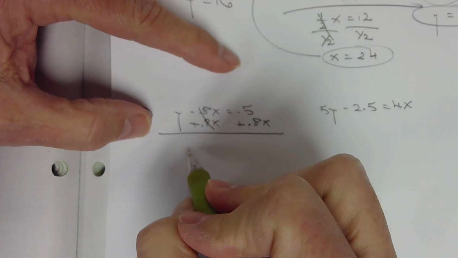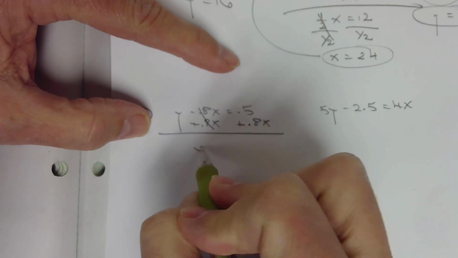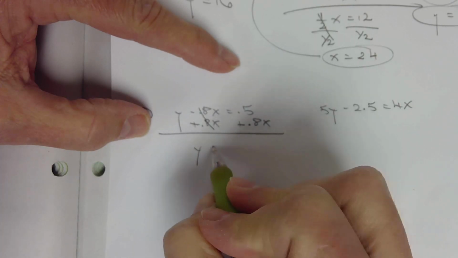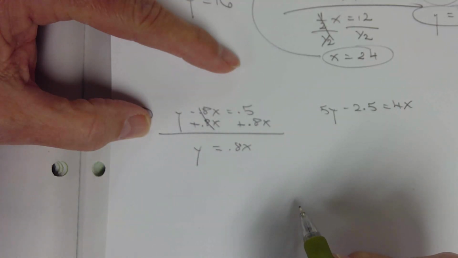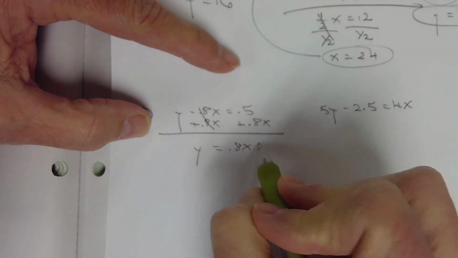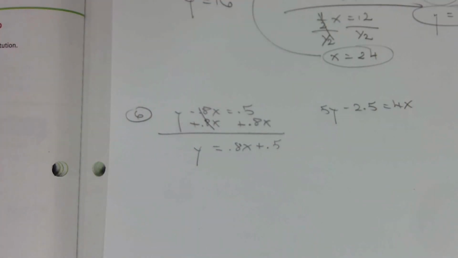They cancel out, so we have y by itself equals 0.8x plus 0.5.